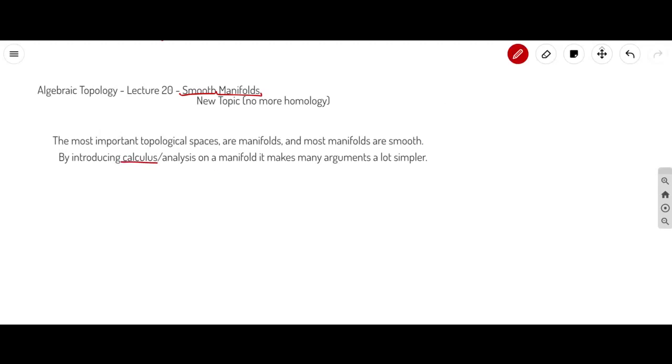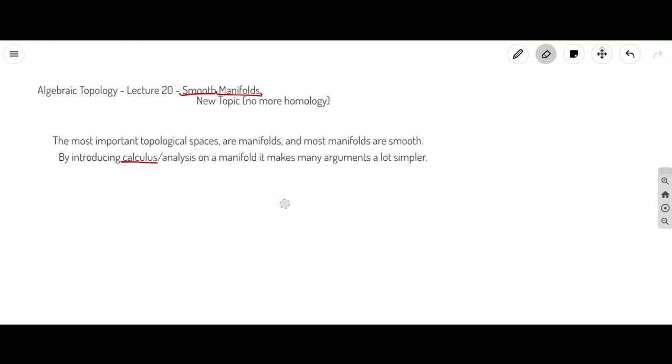Calculus will allow you to say things that you otherwise cannot say. We're going to talk about differentiation, we're going to talk about integration, and then you will see how it has an interplay with topology.